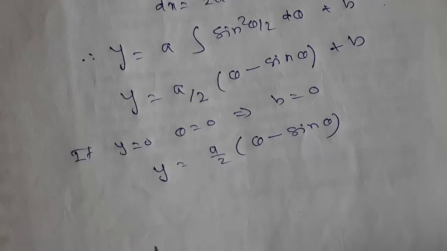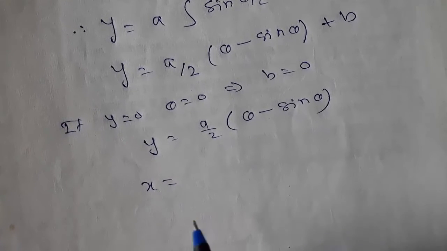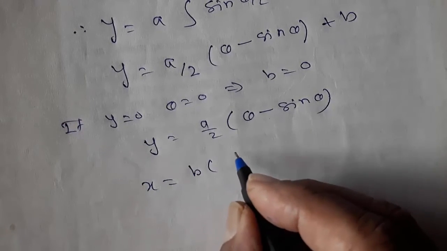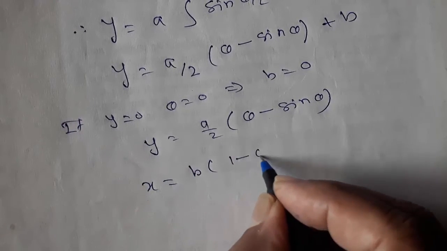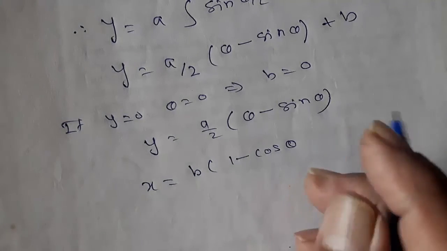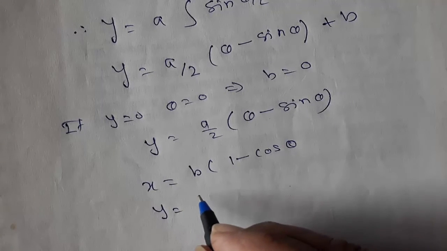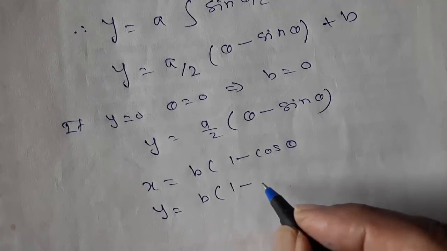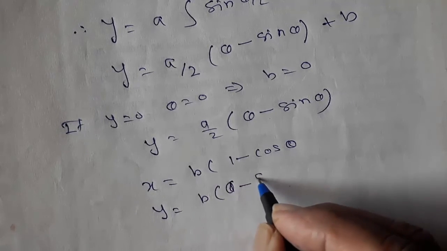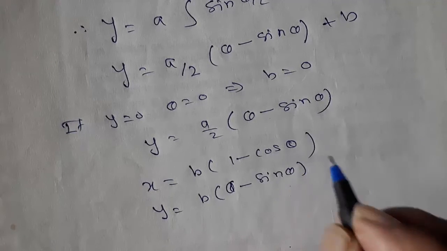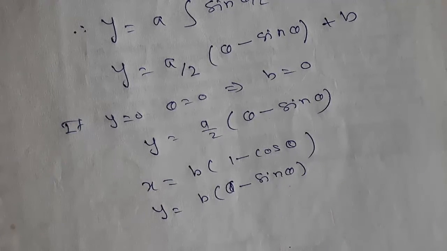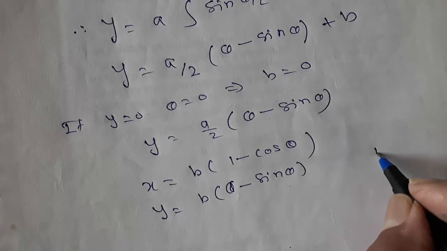And therefore x equal to b into 1 minus cos theta, and y equal to b into theta minus sine theta, where b equal to a by 2.